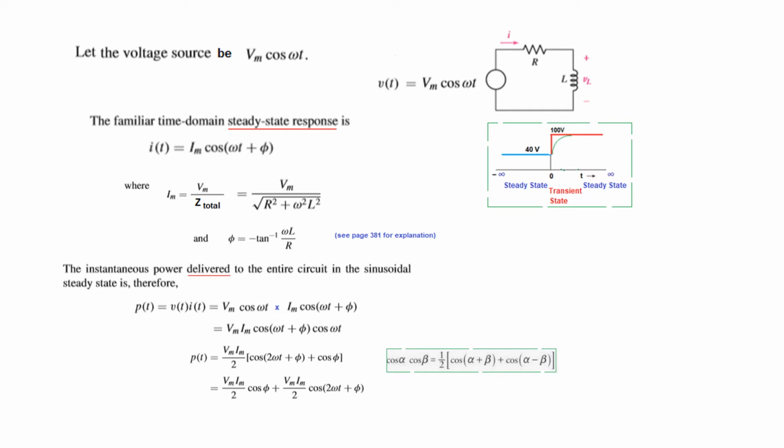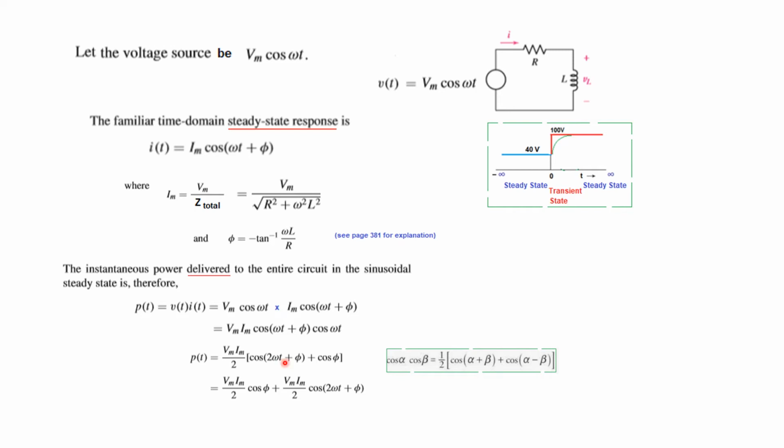Then it will be Vm Im over 2 times cos 2 omega t plus phi plus cos phi. So once we are adding the two angles, and the other we are subtracting the two. So omega t plus phi plus omega t will make it 2 omega t plus phi, and omega t plus phi minus omega t will make it cos phi.